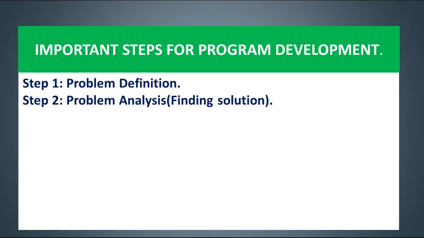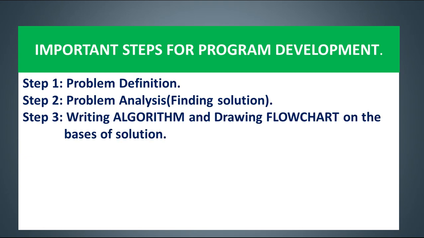After that you analyze the problem, finding the given values and the values we have to calculate. Finding the solution, the logic behind it, is important. After that you build statements and organize them in a proper order to represent the solution, and that is what an algorithm means. So the representation of the solution in a proper set of statements in an organized manner is your algorithm.